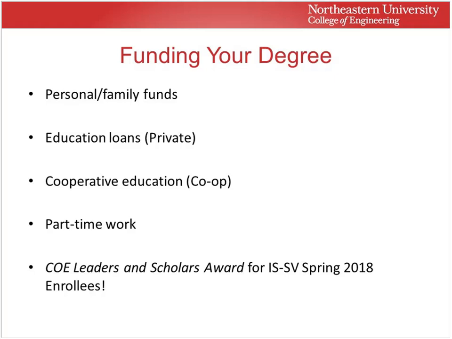We are offering, as an incentive to admitted students that pursue their IS degree in Silicon Valley, a guaranteed 25% tuition scholarship. So that's a 25% tuition discount on the tuition costs.